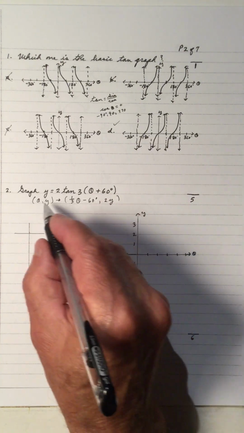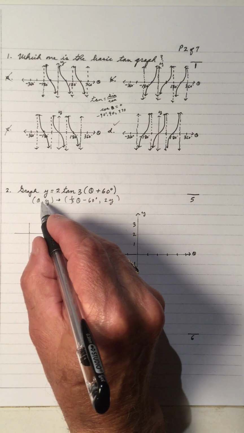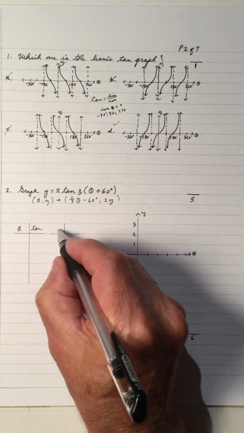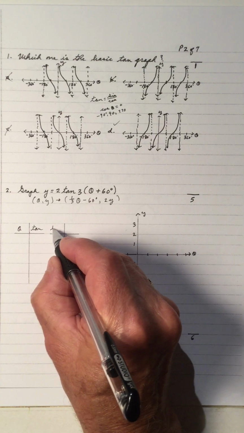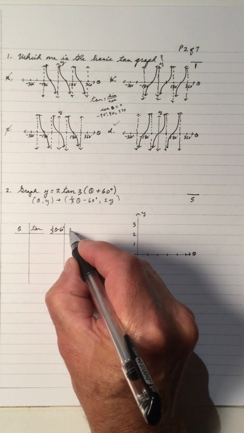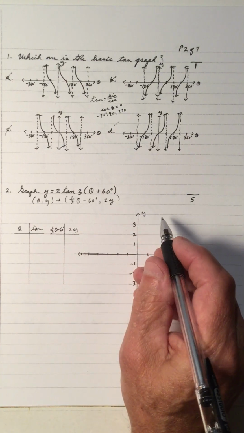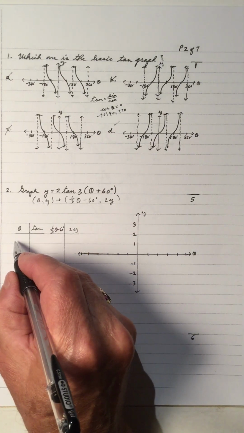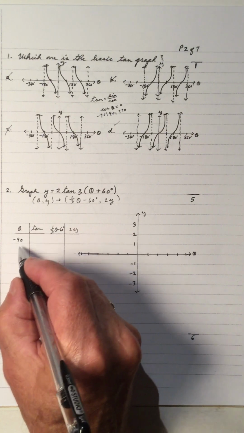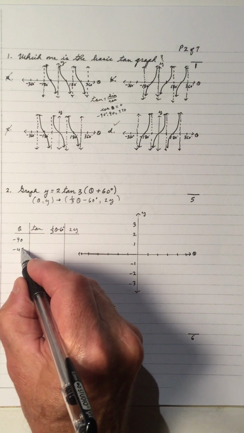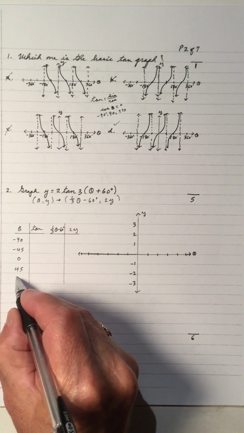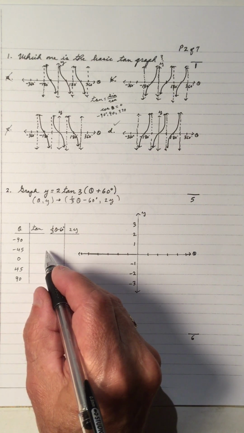So now this is the basic, so this is theta, this is tan theta, and this is 1/3 theta minus 60, and this is 2 times y. Now you memorize the tan. The tan is defined from negative 90, negative 45, 0, 45, 90, and these are in degrees.